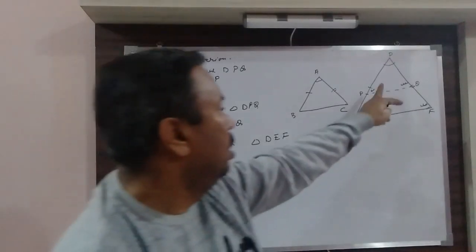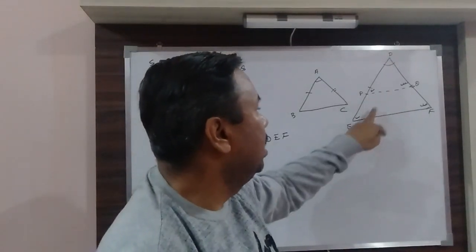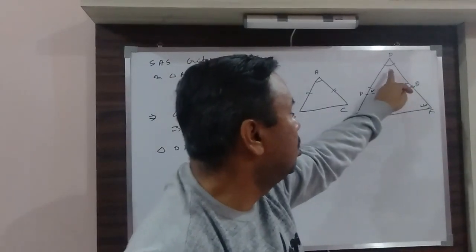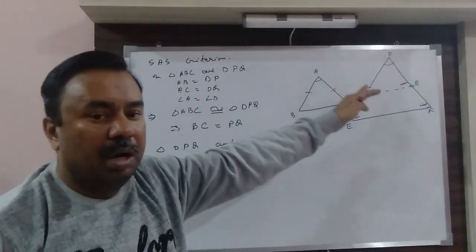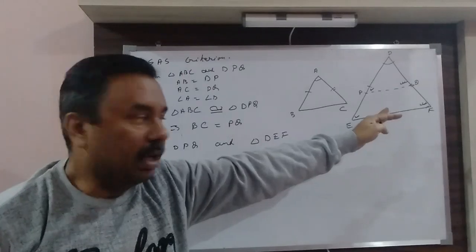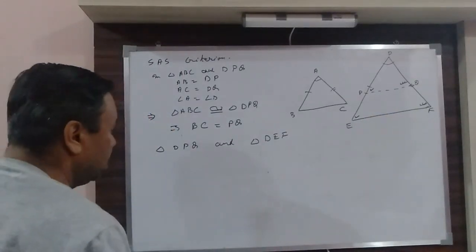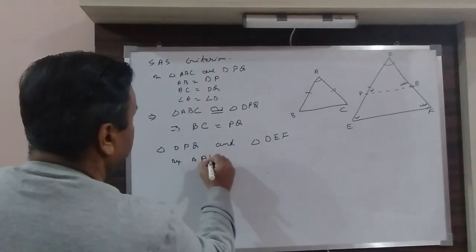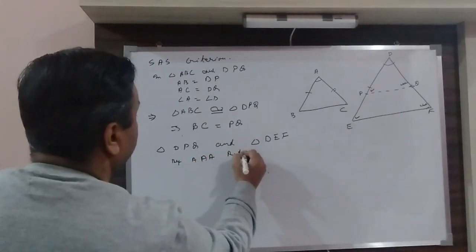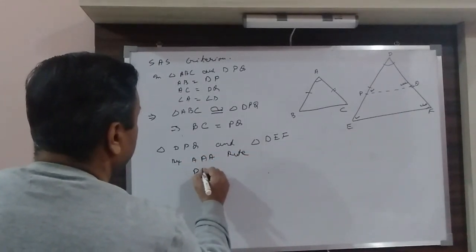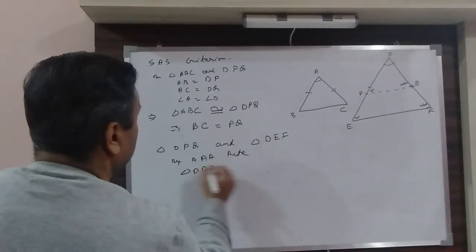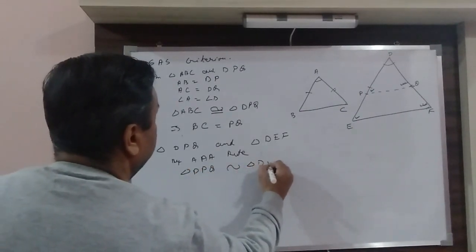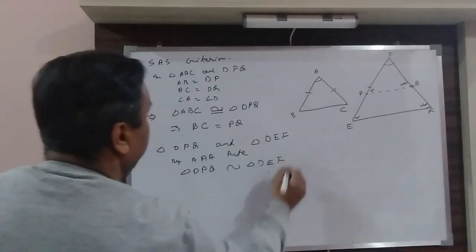What you are saying? This angle is equal to this angle is equal to this angle, and this is the common angle. So, by AAA criterion, I can say that DPQ is similar to triangle DEF.